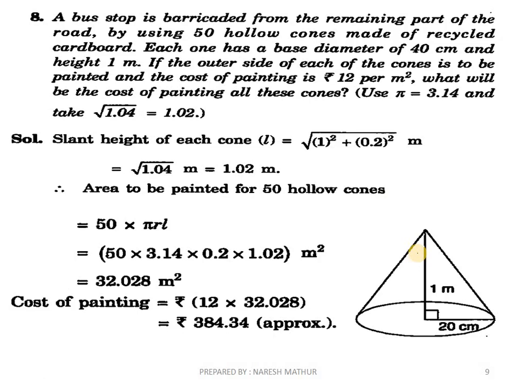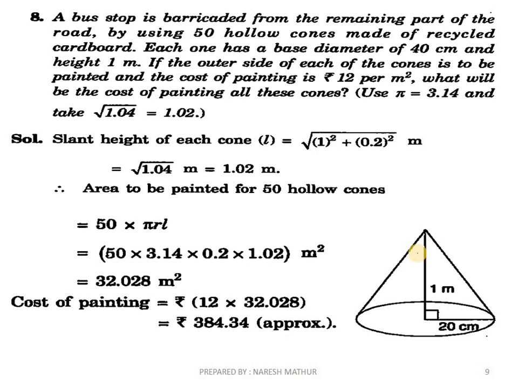At the last, it is given that a bus stop is barricaded from the remaining part of the road by using 50 hollow cones made of recycled cardboard. Each one has a base diameter of 40 cm and height 1 meter.